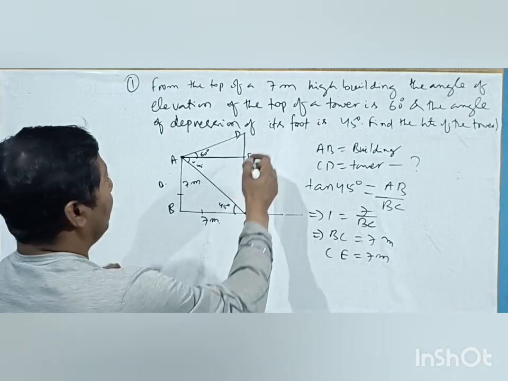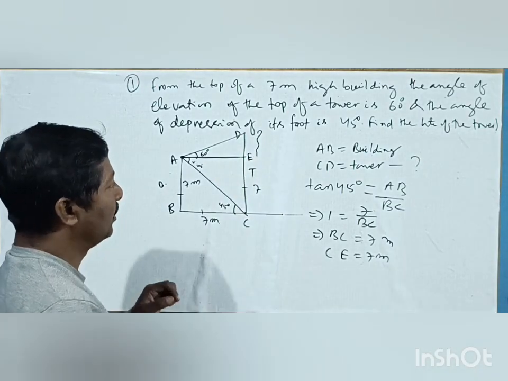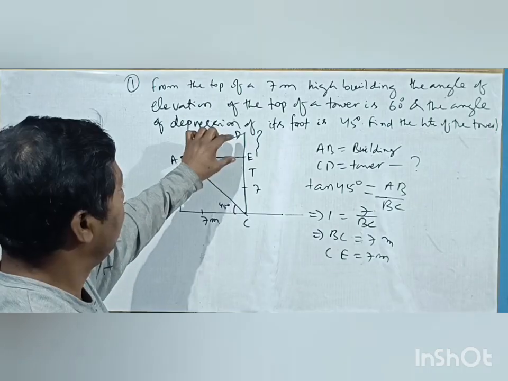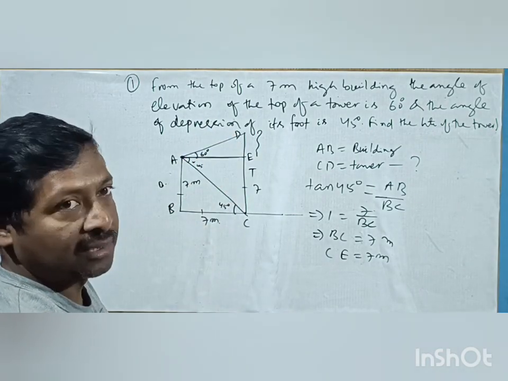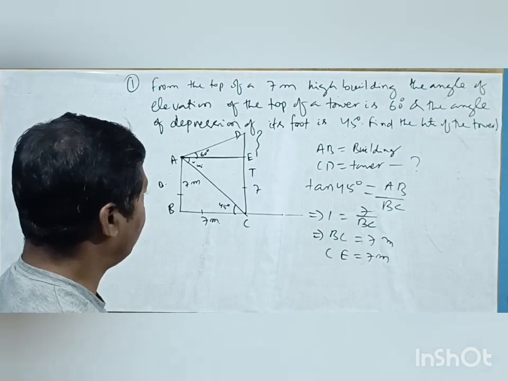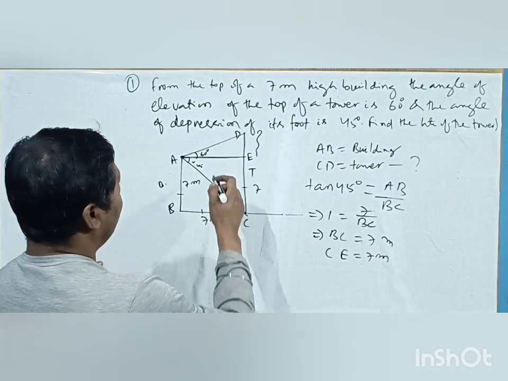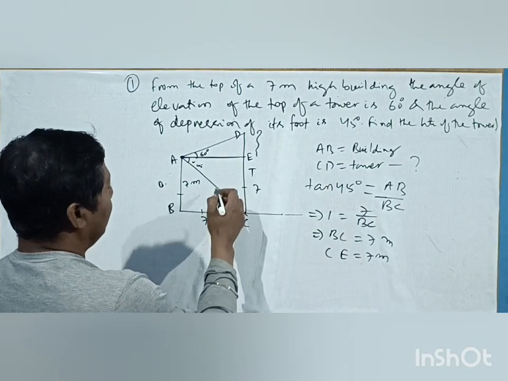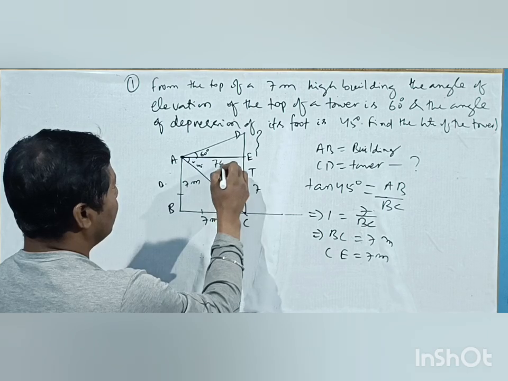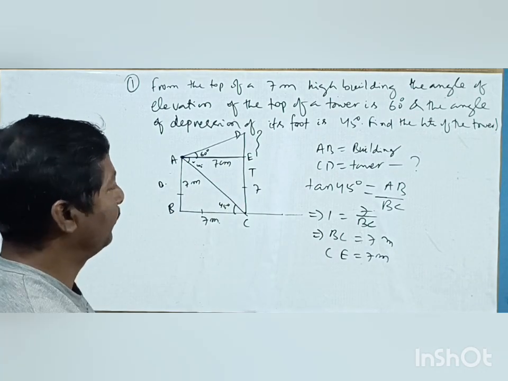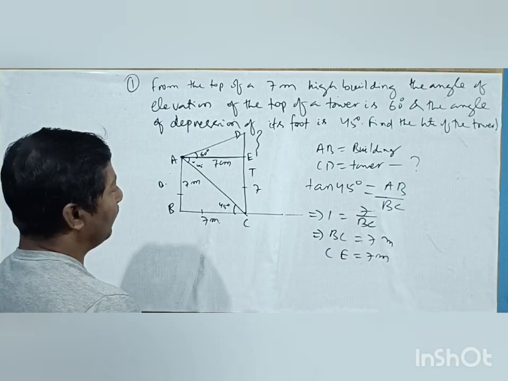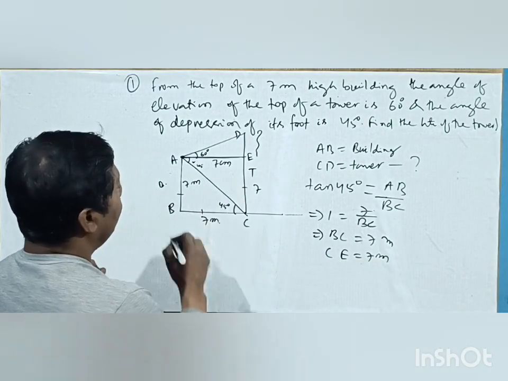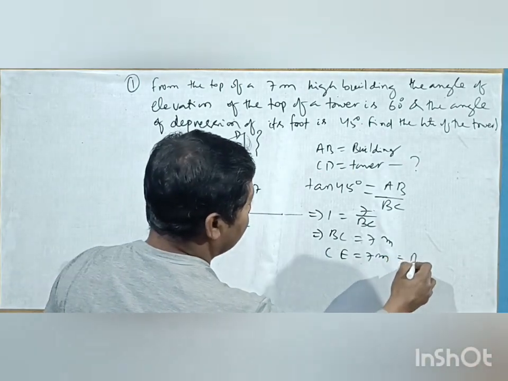We have to calculate the DE, so that after adding DE with 7, I can get DC. DC is the tower. So let me calculate this one. This is also 7 meter because it is a square. ABCD is square. So AE is also 7 meter.